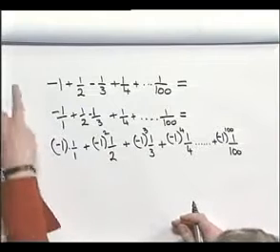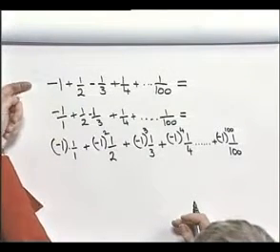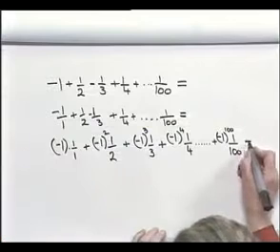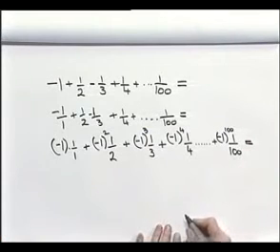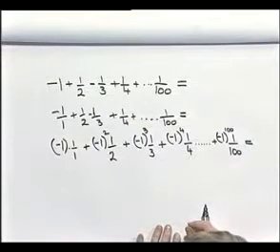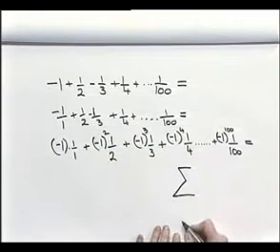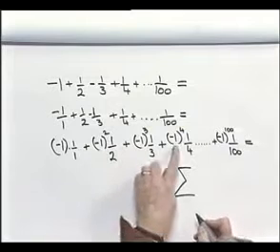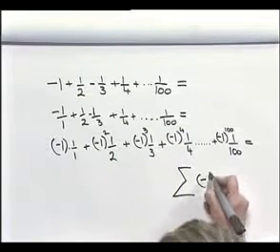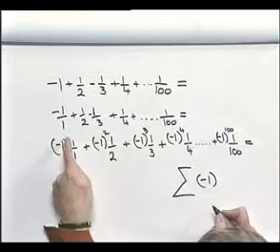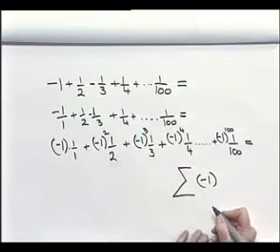So rewriting our sequence that we started off with into this format helps us to write it in sigma notation, because we can easily see that this is sigma. We know it's -1 to a power, and the power is always the number underneath the fraction.